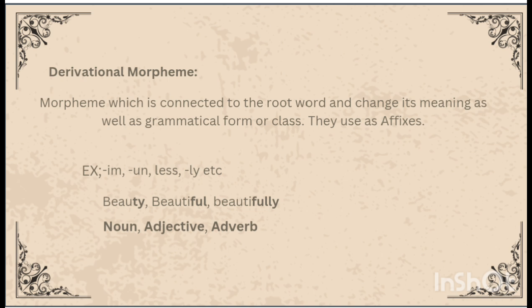Beauty is a noun, but with the derivation -ful, beautiful is no longer a noun; it has changed into an adjective. Then if we change it to fully instead of full, it becomes an adverb.